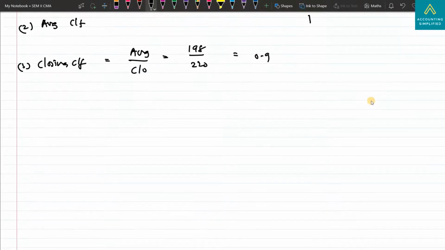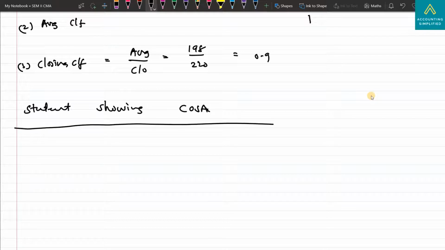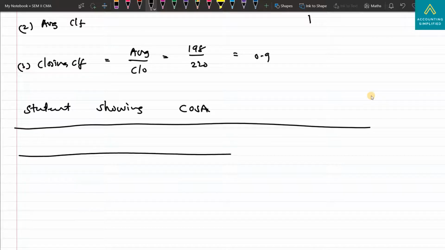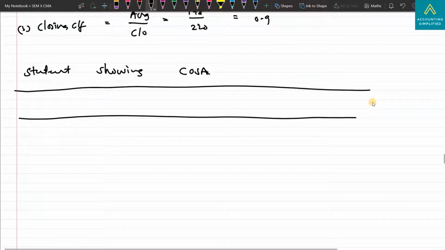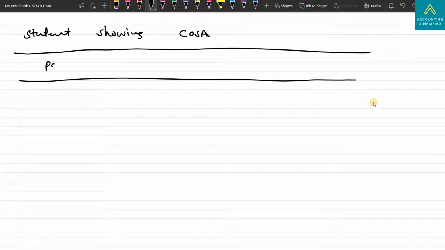0.9. Now write down the statement showing cost of sales adjustment. The three things we will write: particulars, then historical cost accounting, conversion factor and CCA.